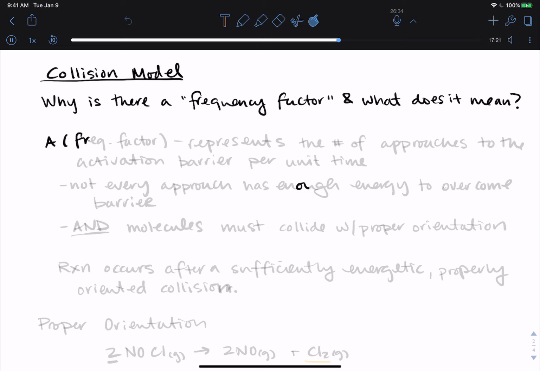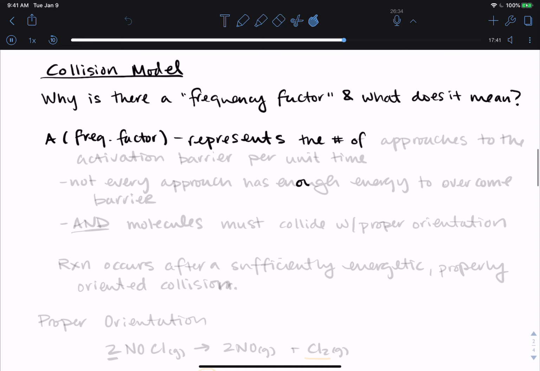So A, this frequency factor, just as a reminder, what it represents is the number of approaches to the activation barrier per unit time.